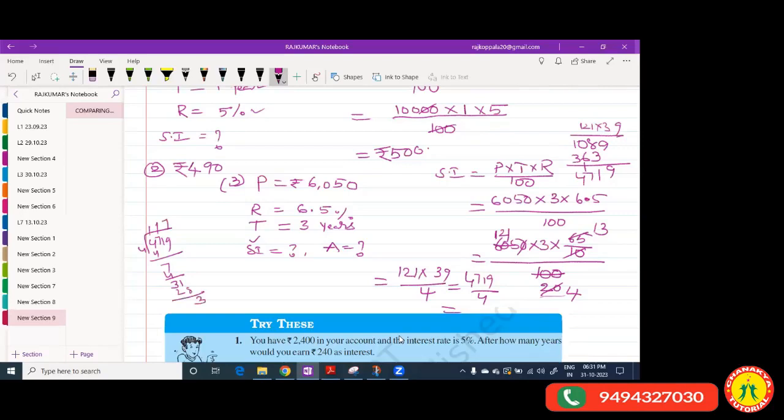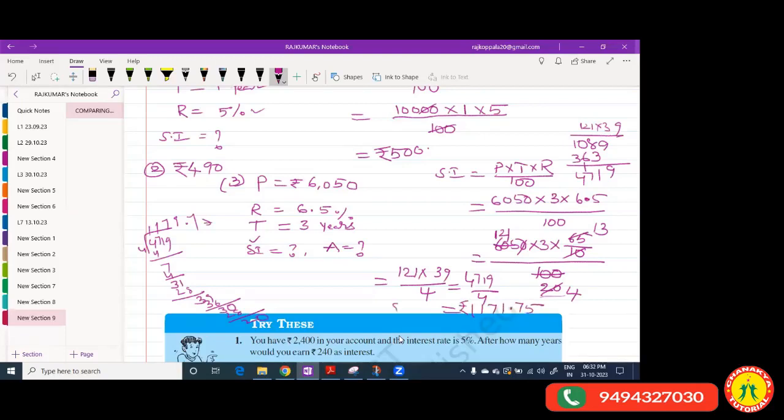This is 3 and 9. 4 9s are 36. 4 7s are 28, 4 5s are 20. So the interest is 1171.75.